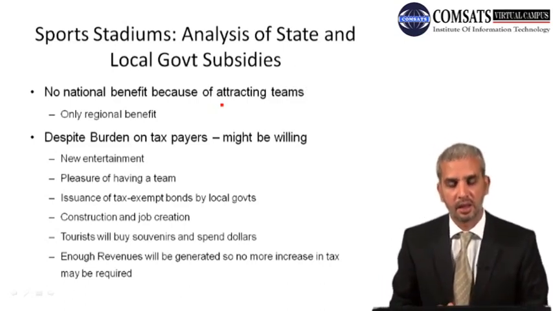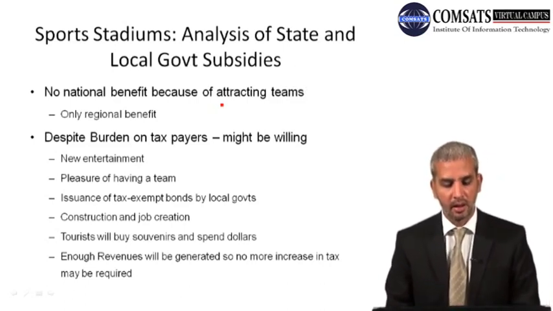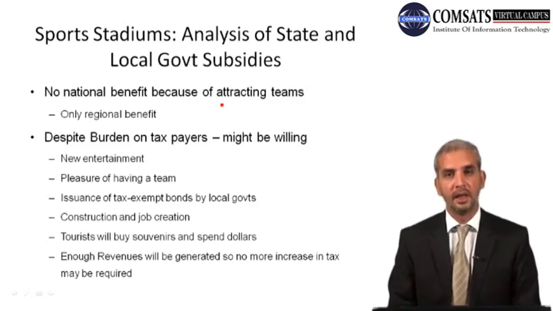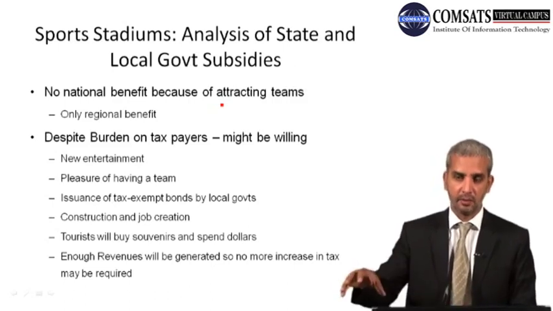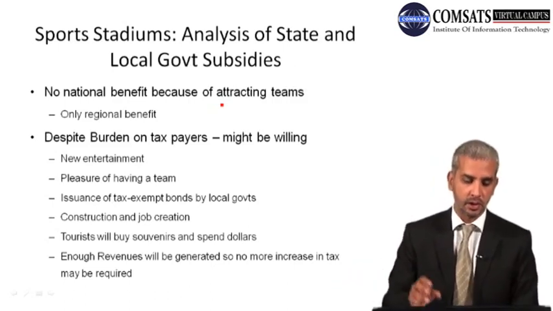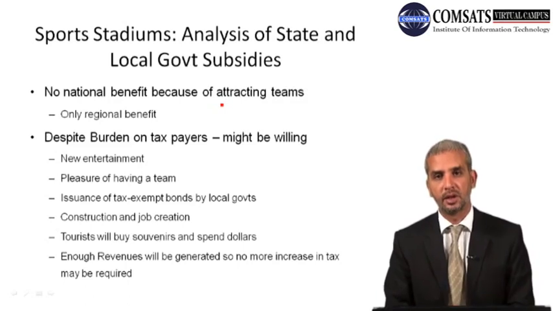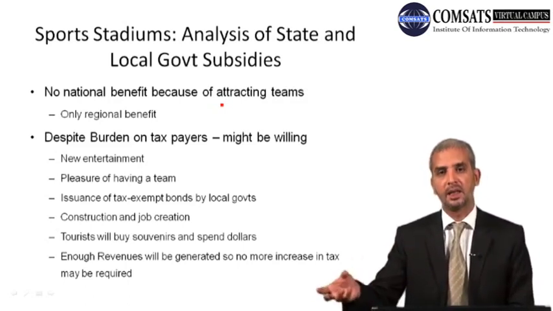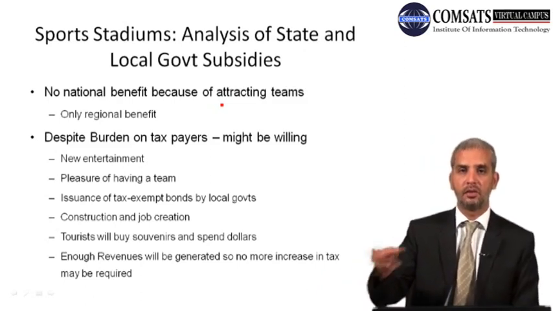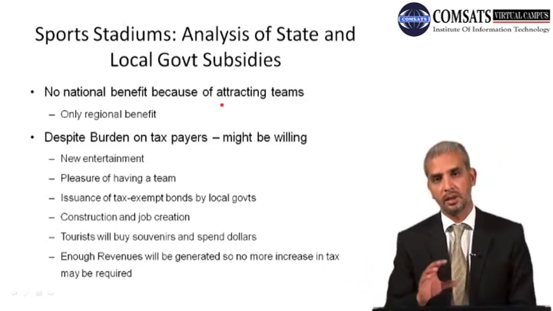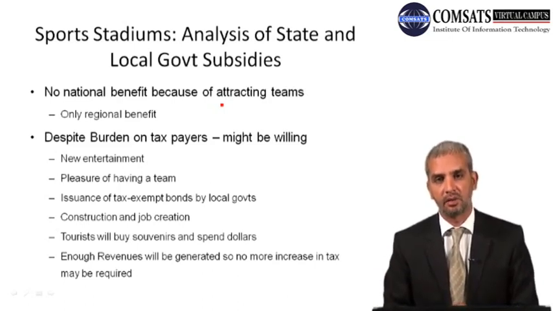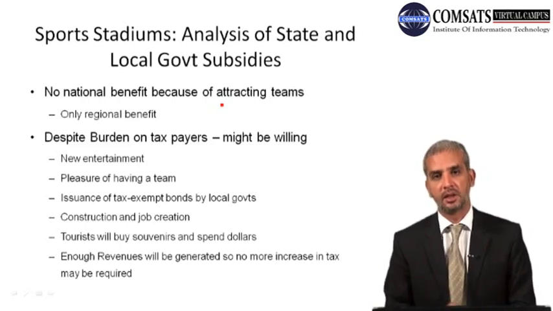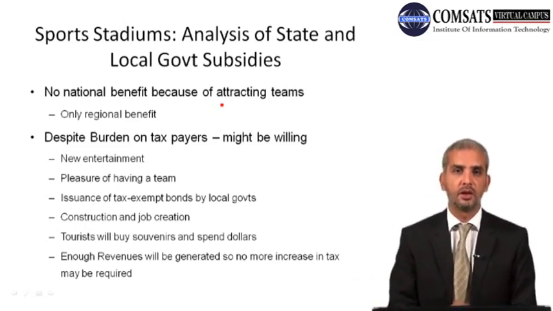Now that team has come from some other state to the stadium built in our local region. So the people in that other region would not be better off while we are better off. At an international level, the cost benefit analysis cannot be conducted, because one state is better off and the other state is worse off because of the movement of the team.